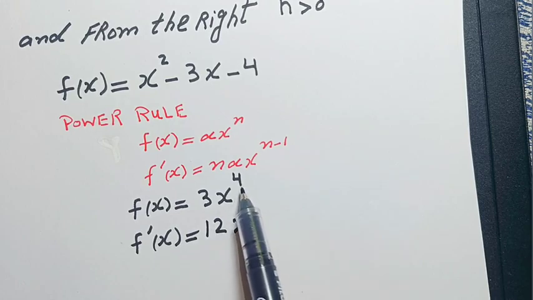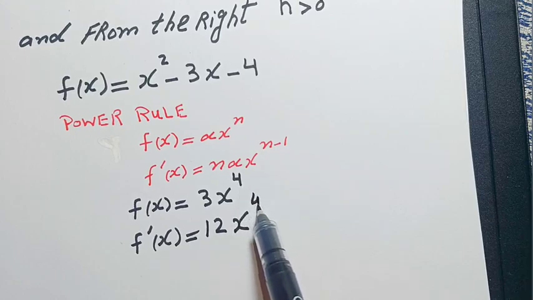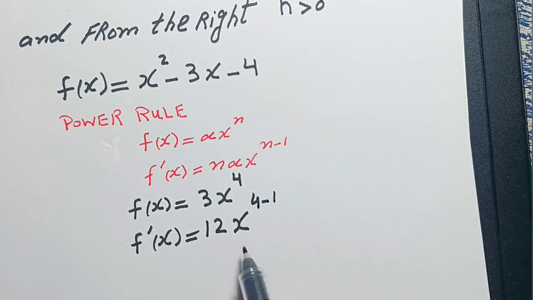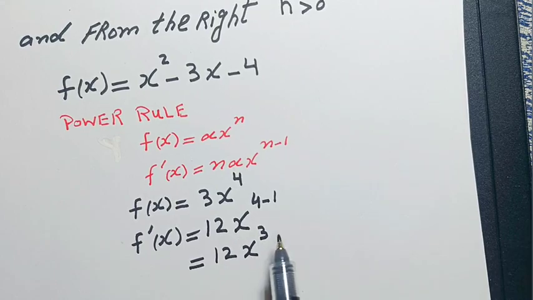Now you have to subtract 1 from the power: 4 minus 1 is 3, so the answer is 12x to the power 3. We applied the power rule and we get the answer.